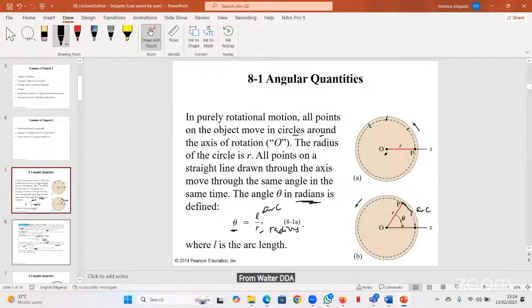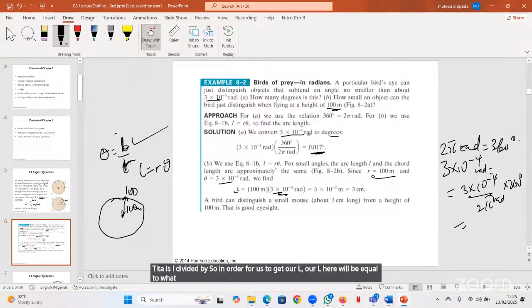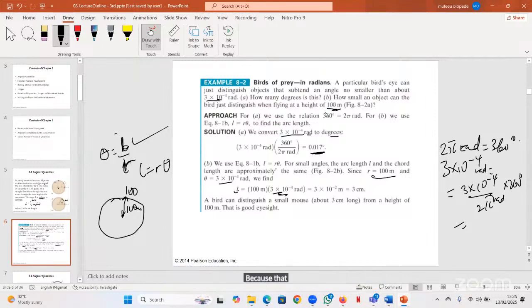Theta is equal to what? L divided by R. So in order for us to get our L, it will be equal to what? R multiplied by theta. Because that L we have just found is how small an object the bird can just distinguish.